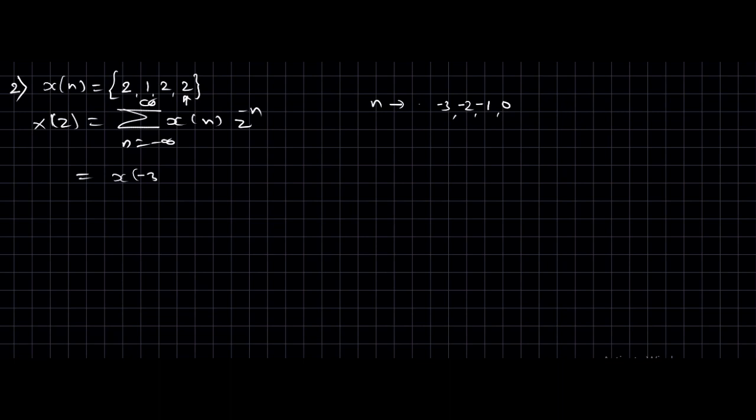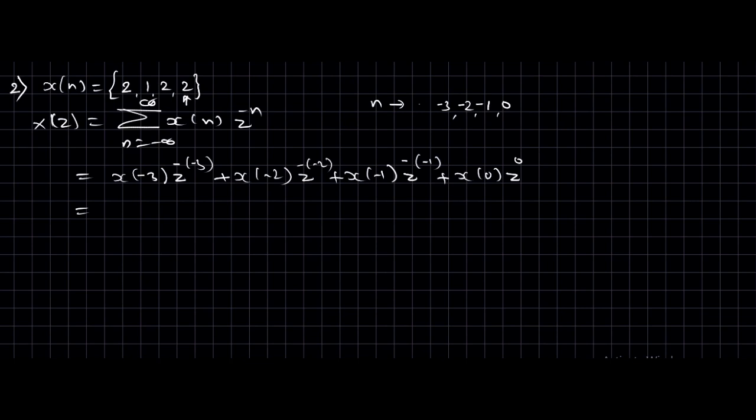So it is x of minus 3. It will start at n equal to minus 3. So this is z raised to minus of minus 3. Okay. This is the difference between the causal and anticausal sequence when we substitute in the z transform equation. So it is x of minus 2, z raised to minus of minus 2, plus x of minus 1, z raised to minus of minus 1, and plus x of 0, z raised to 0.